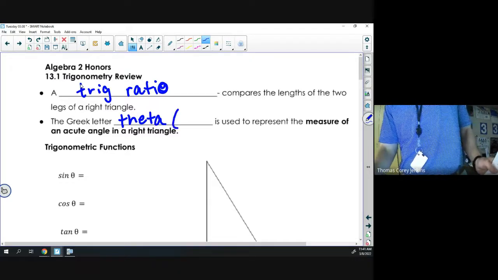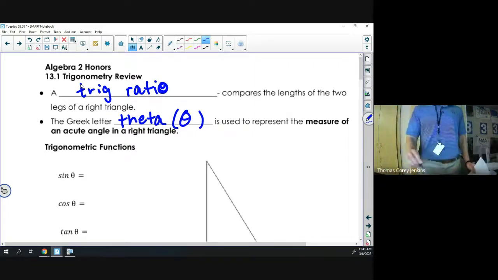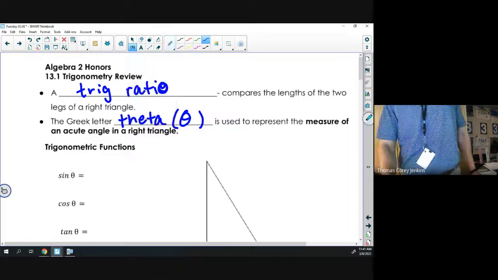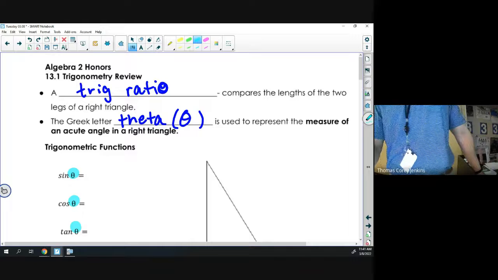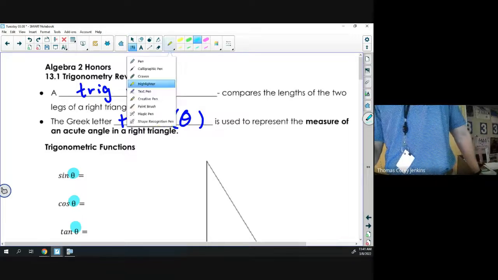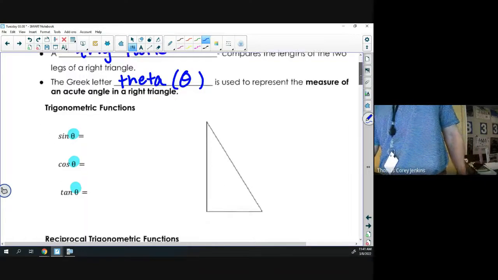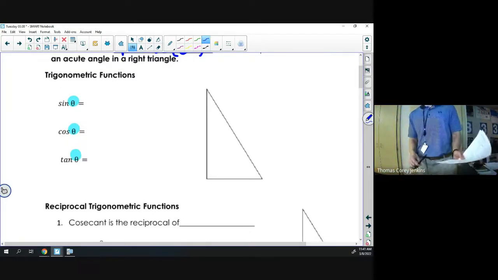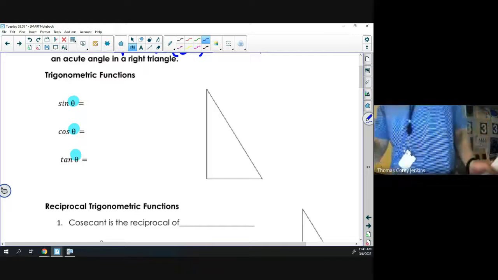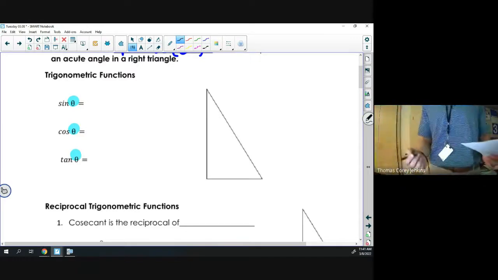It's just an O with a little swoop through it. You can see a better example from a computer. Doesn't really matter that you remember that it's called theta, but that's what it is. It basically is just like a variable. So let's look at some definitions and then a couple of examples.